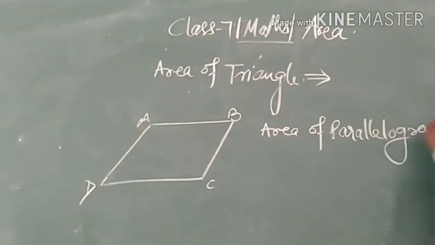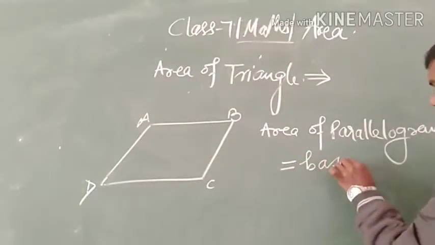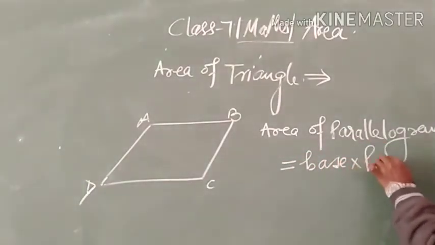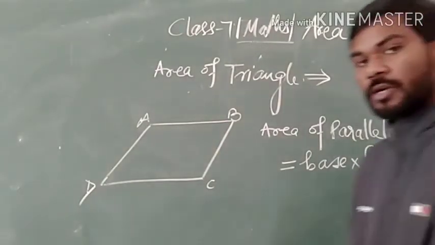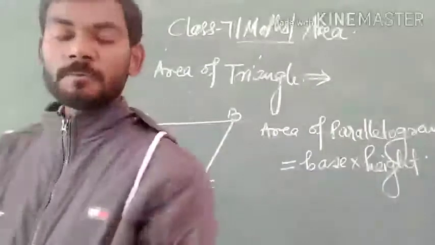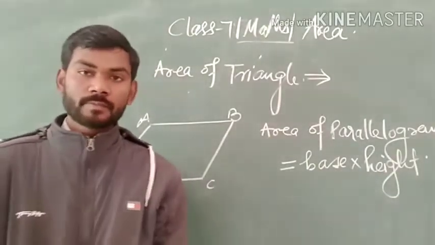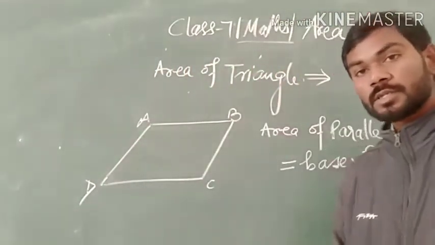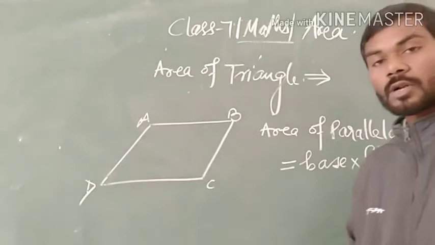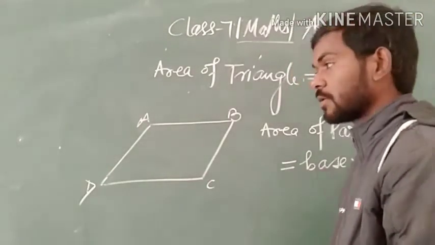We know that the area of a parallelogram is base into corresponding height. Base into corresponding height gives the area of the parallelogram. Now we shall do a small construction in the parallelogram by just drawing a diagonal.